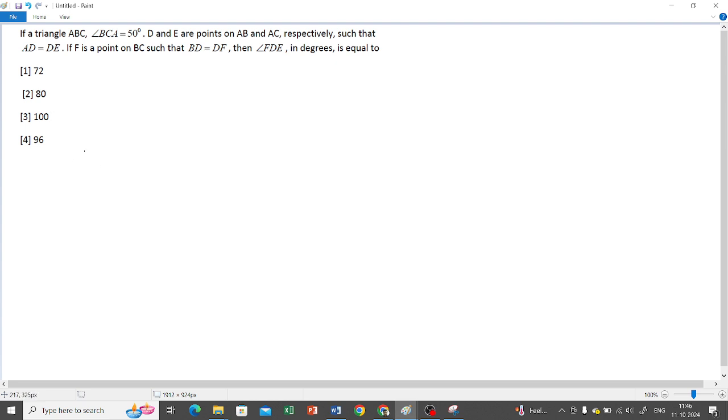So in a triangle ABC, angle BCA is 50 degrees, D and E are points on AB and AC respectively, such that AD is equal to DE.